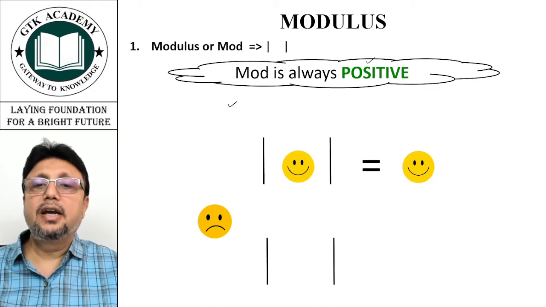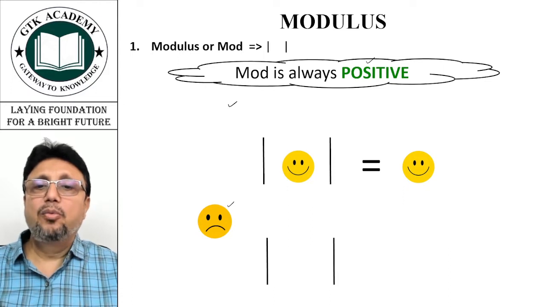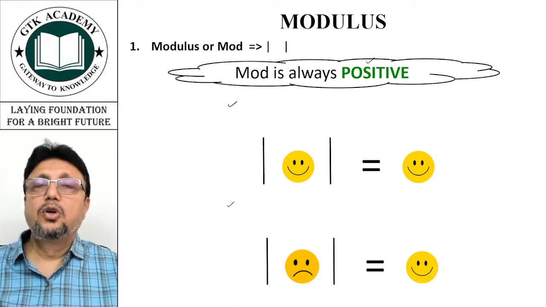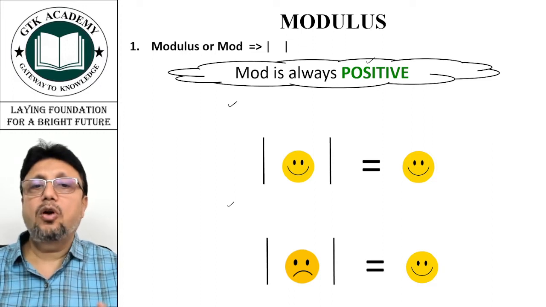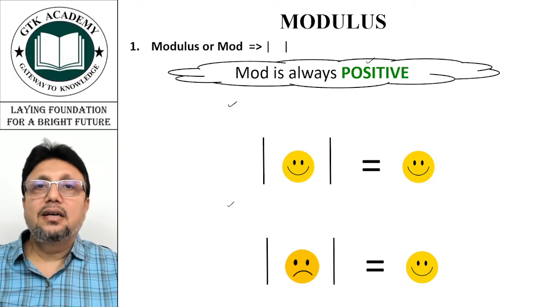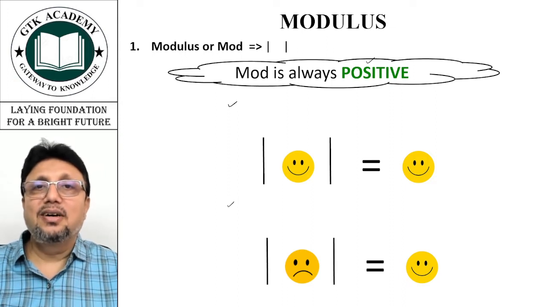Even if you put negativity, because this icon is considered to be a bit negative, a gloomy face or a sad face, even if you put this into this machine, the output will be positive. So no matter whatever you put into this machine, the output is always going to be positive. That is an interesting definition of mod.